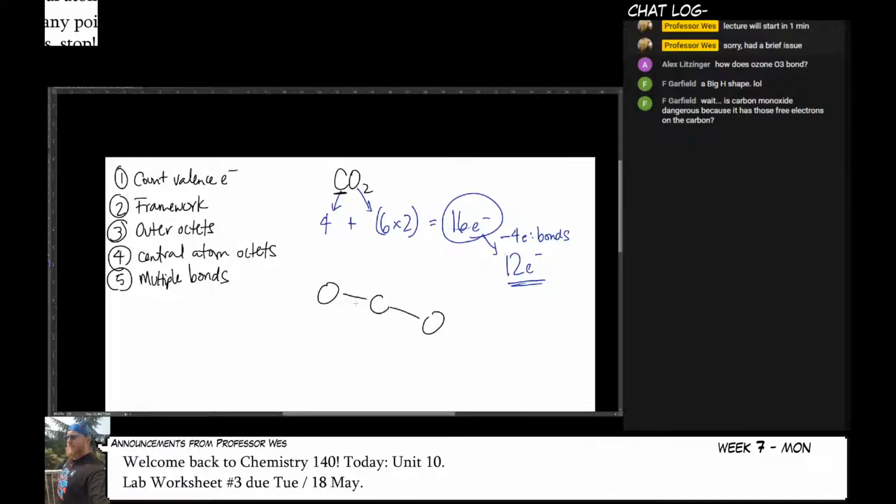Step 3 is outer octets. Here I'm just going to go like this, one dot on each side and then the second for a pair. Octet. How many electrons did that use? I needed 6 electrons to do that.